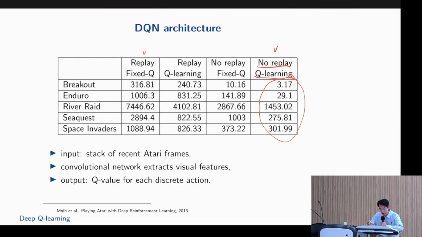But as you add these hacks together, fixed Q, meaning we have a frozen target, it improves the reward that you've gotten. And if you use just Q-learning, not frozen target, but use a replay buffer, you get huge benefit. And if you combine the two, you get even more benefit.